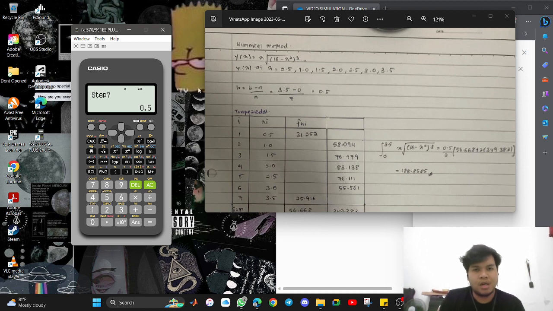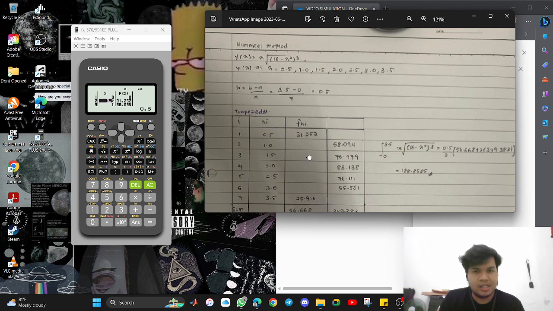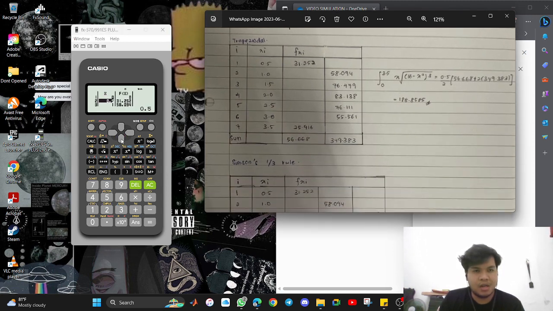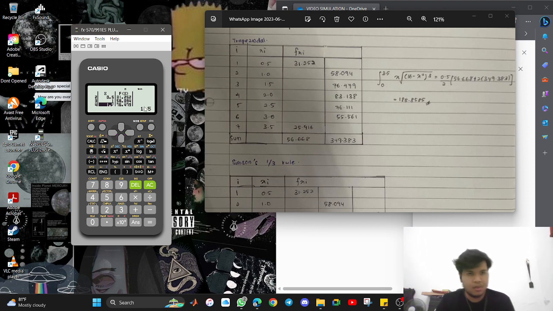And the step with the h, which is I got 0.5. So here the manual calculation. So I got this through the calculator. So 0.5, 3.1 is the same I got till the 3.5, which is the last one.